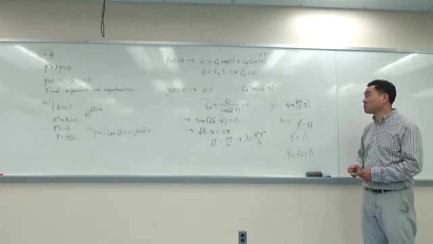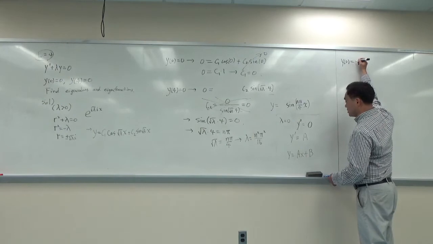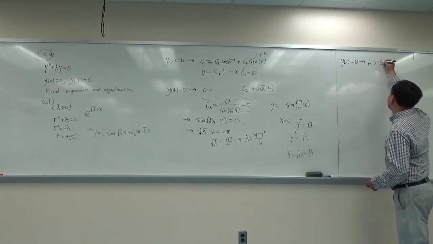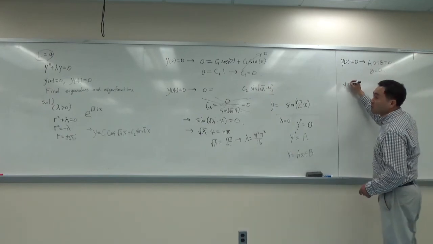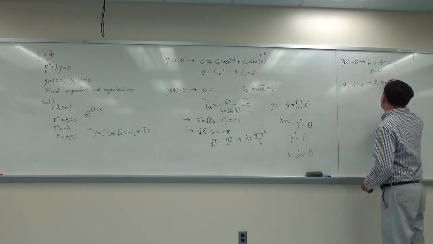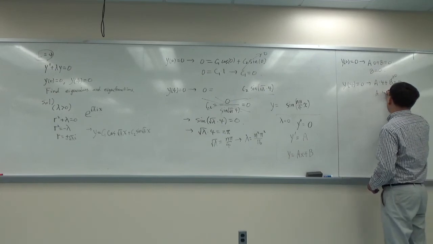So that's in general. Now, plug in y of 0 equals 0. That gives you a times 0 plus b must be 0, so b equals 0. Now plug in y of 4 equals 0. That gives you a times 4 plus b equals 0, but b is already 0, so a times 4 is 0.